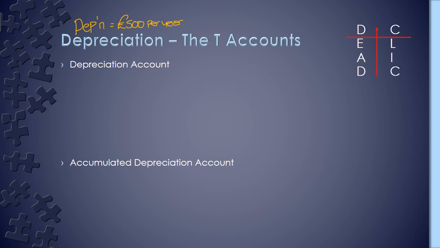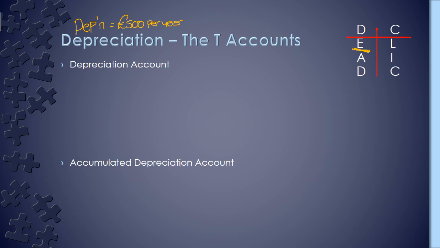This is important to recognise because although it's considered non-cash, and therefore doesn't affect your cash flow, it is considered an expense account, and for the purposes of drawing up your T accounts, this is how you recognise it. So your depreciation account is going to be your expense account.